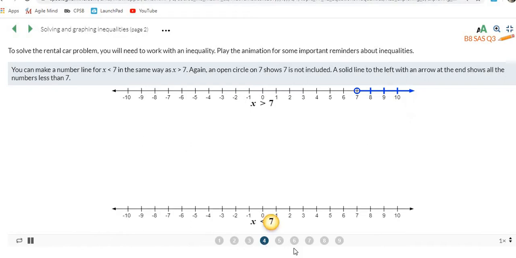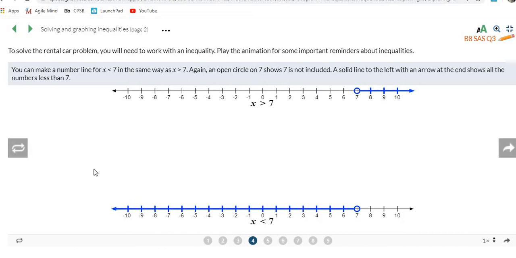So we're going to graph another problem. This time we're going to graph x is less than 7. We'll notice that the variable is on the left, so the arrow is pointing to the direction that it should be shaded. Well, let's see if it's true.